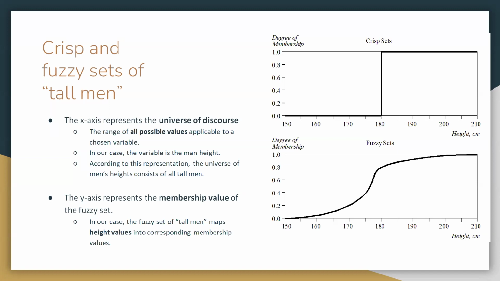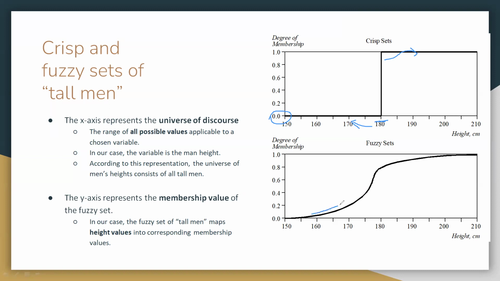Okay. So you can see the height values here. When it is 180, you can see the membership value is 0 for all values less than 180, whereas for all values greater than 180, it comes to 1. There's no other value in a crisp set. But in fuzzy, that exact barrier is gone.